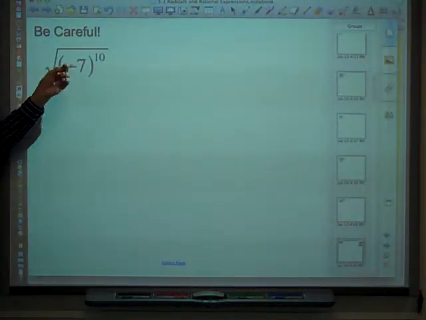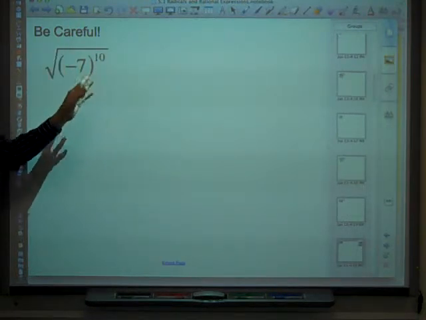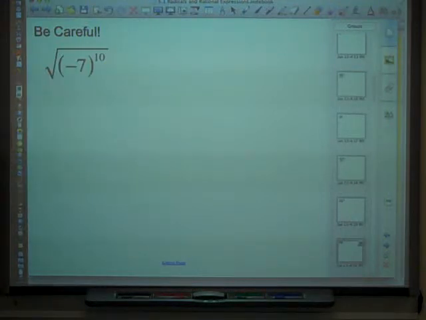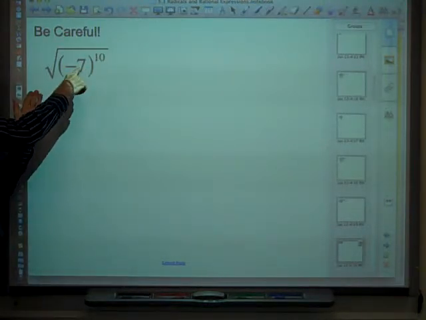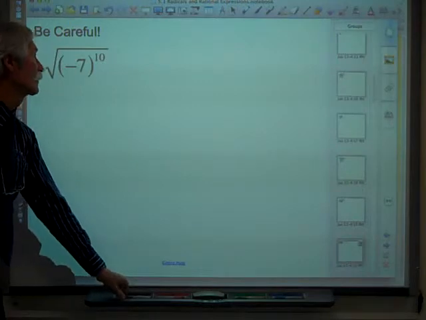Yes, it means that this negative, an even number of times, is going to be positive. So is this actually the square root of a positive number in the end? Yes. Do I have to figure out what that number is? No. Can I just realize that that's going to be a positive number and do the square root of the positive number? So that's the plan there.